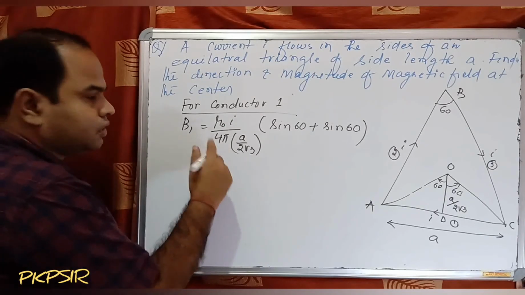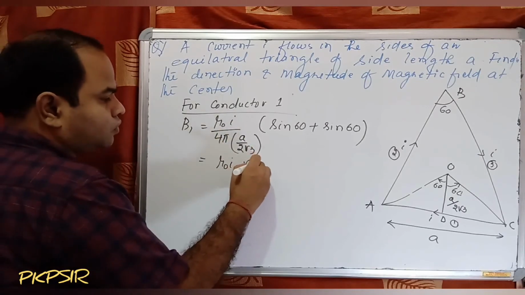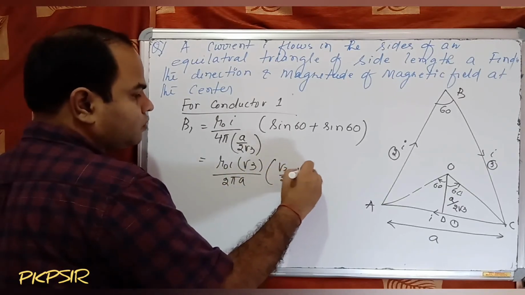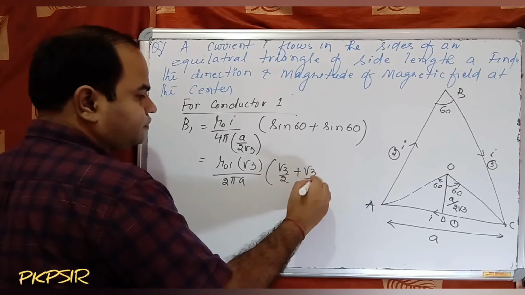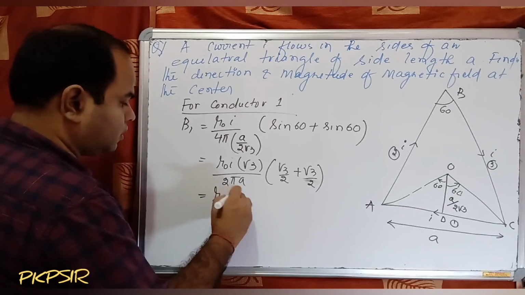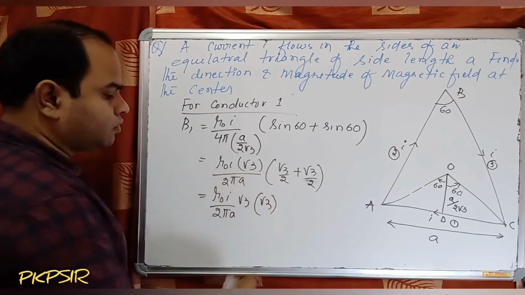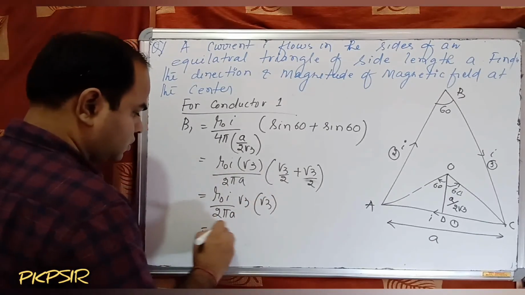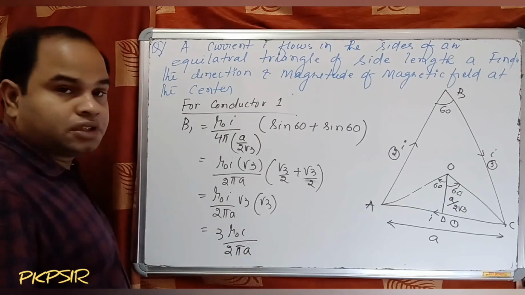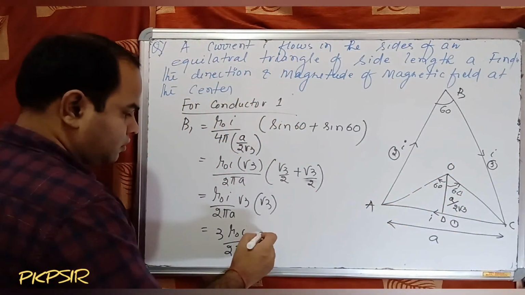So two terms: sin 60 is root 3 by 2, and root 3 by 2 plus root 3 by 2 is root 3. So this is mu naught I by 2 pi A times root 3 into root 3, which is 3. So B1 is 3 mu naught I by 2 pi A. What is the direction of the magnetic field? The direction of the magnetic field is inward.